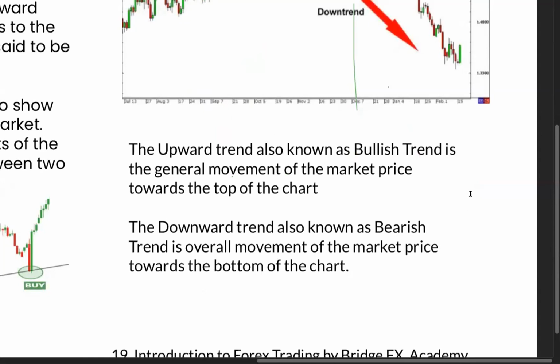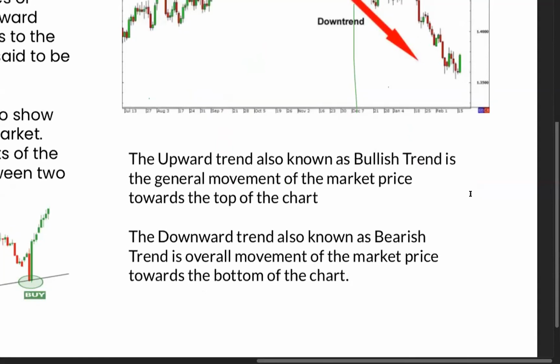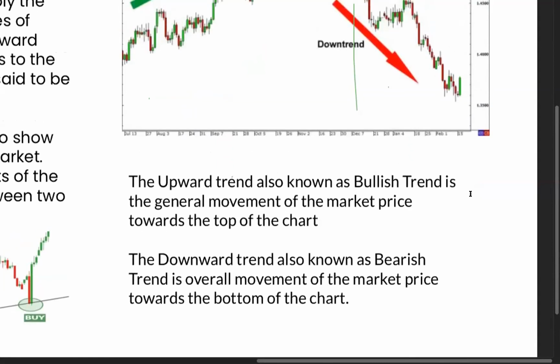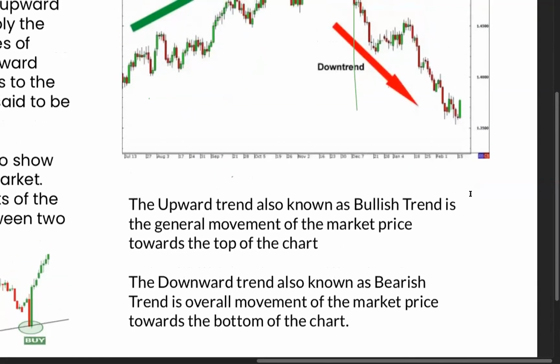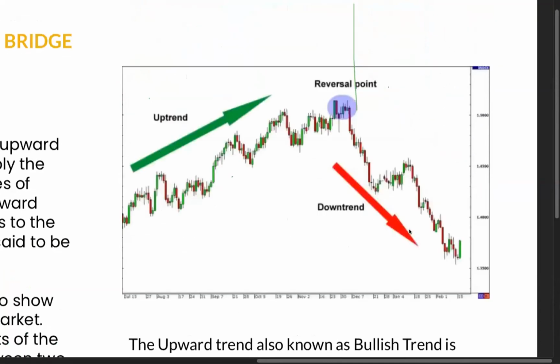So the downward trend is also known as bearish trend. It is overall movement of the market price towards the bottom of the chart. You can see the arrow is coming down towards the bottom of the chart. And it's called a bearish trend. Bear, just like teddy bear, the bear animal. So all these red candles are bearish candles.